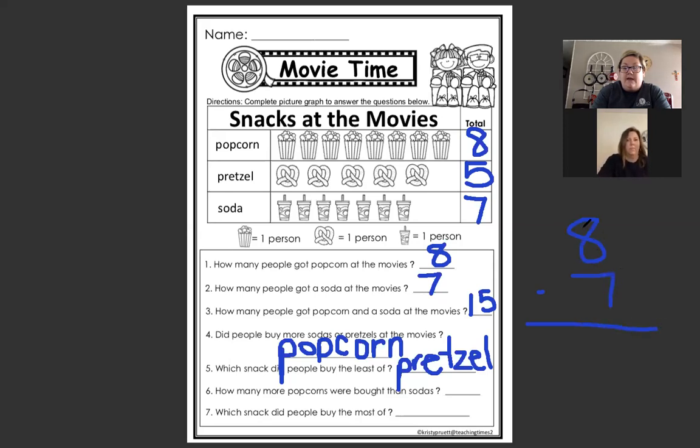And if you take away 7 from 8, you should get 1. And then which snack did people buy the most of? Look back up in your chart and see which of these has the biggest number? And 8 is our biggest number, so you should write popcorn.